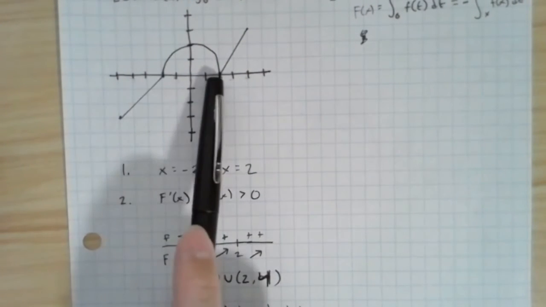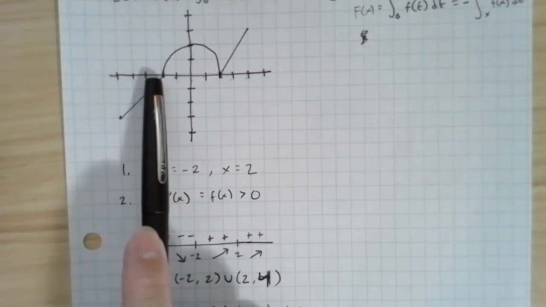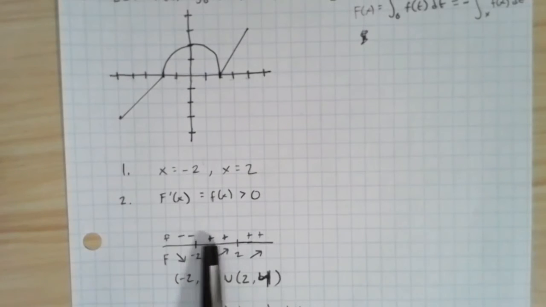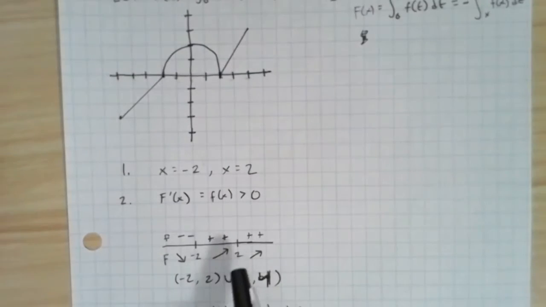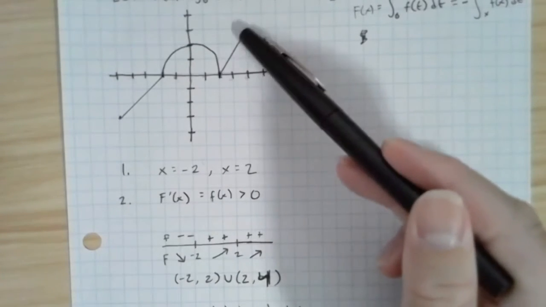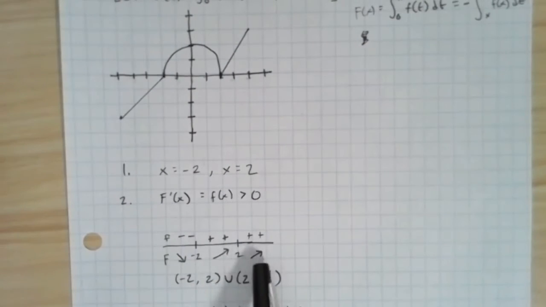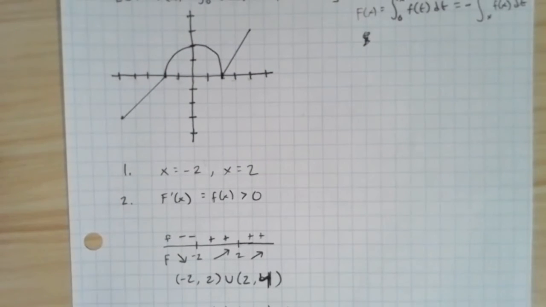From -2 to 2, that's the semicircle you're seeing right here, and now the graph is above the x-axis, so the area is positive, and so f will be increasing. At 2, it does hit the x-axis, but it bounces and it's still above the x-axis, so area is still going to be positive there, and so f will be increasing. So in what intervals is f increasing? From -2 to 2 union 2 to 4, because we're only observing this graph from -5 to 4.